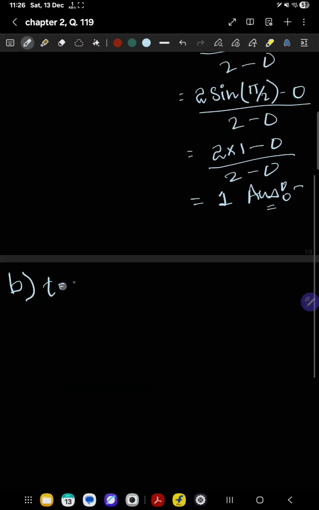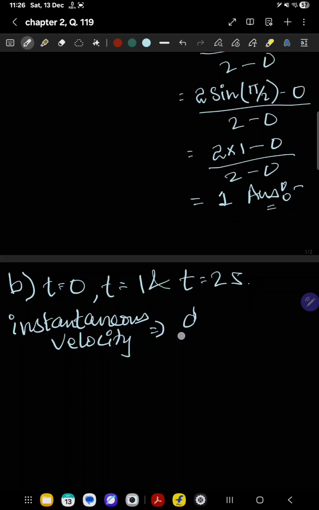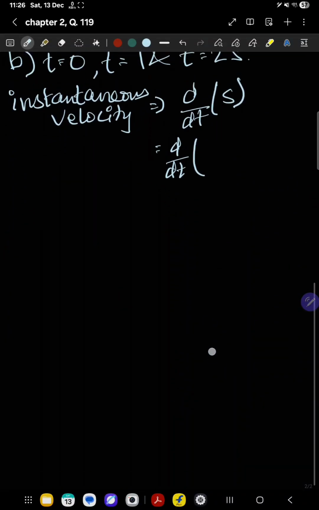We know the instantaneous velocity can be written as d by dt of s. Here s is basically the displacement function again. So d by dt of the function 2 into sine pi t by 4.